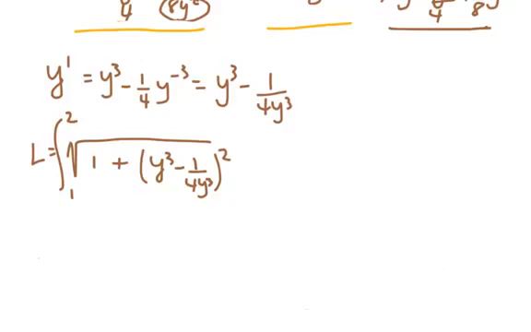And that's going to go from 1 to 2, and you're going to integrate with respect to y. So we're going to do an expansion here, and then combine algebraically, and then look for a square of a binomial. So algebraically, we're going to expand this term.